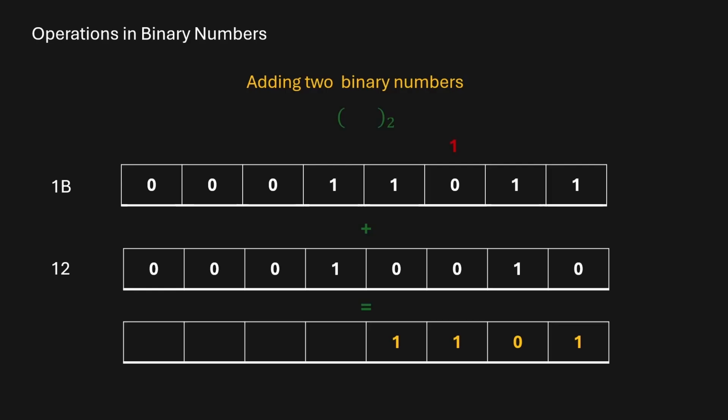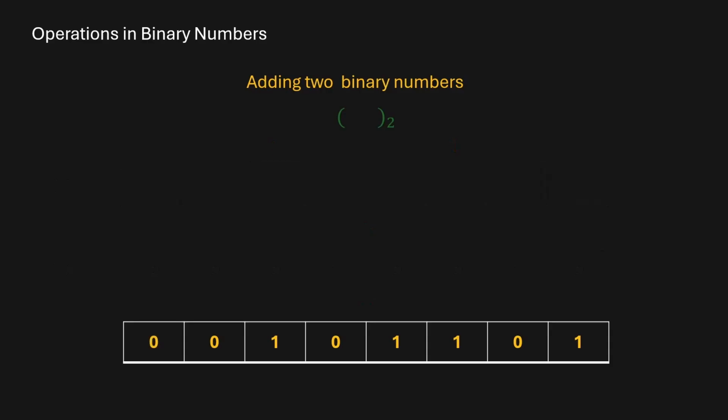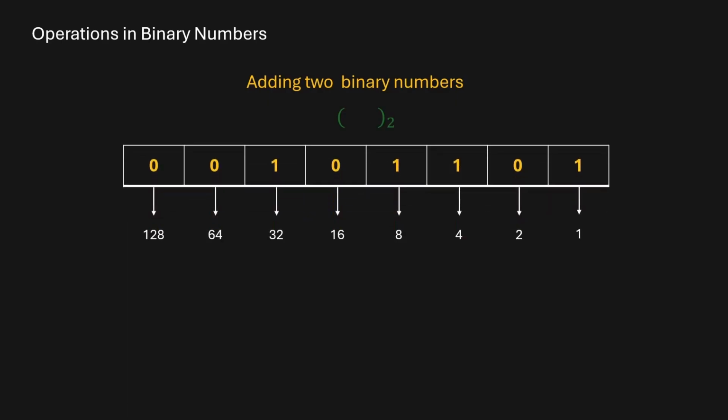Similarly, 1 plus 1 becomes 2, so we write 0 and carry 1 to the next column. 1 plus 0 becomes 1, 0 plus 0 equals 0, and finally 0 plus 0 equals 0. In this way, the result of the addition in base 2 is obtained. Now if we convert this number from base 2 to base 10, we expect to get 45, because 32 plus 8 plus 4 plus 1 equals 45.